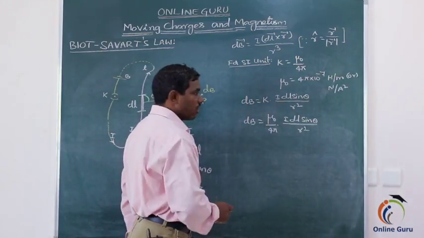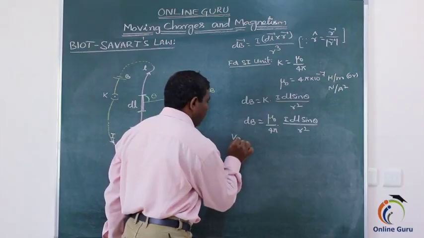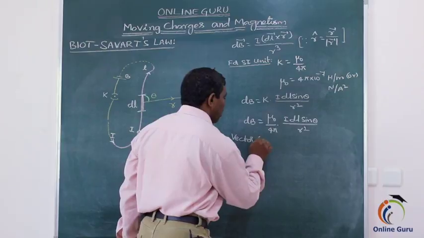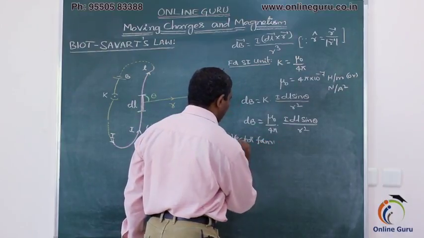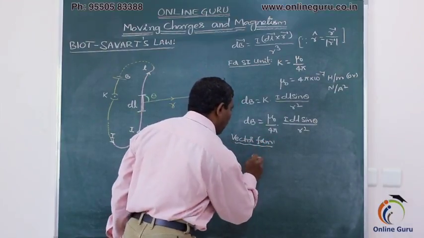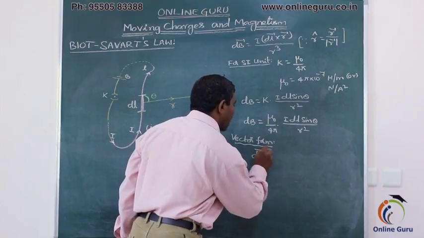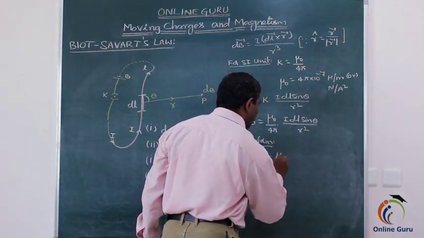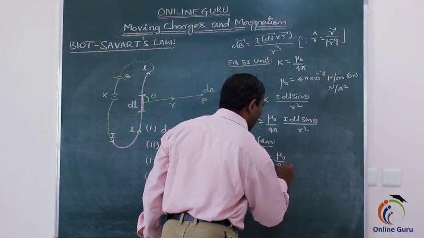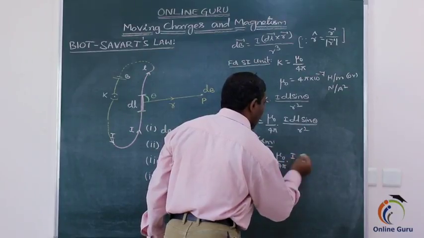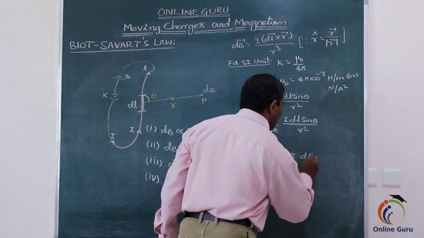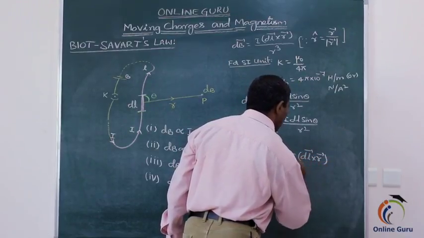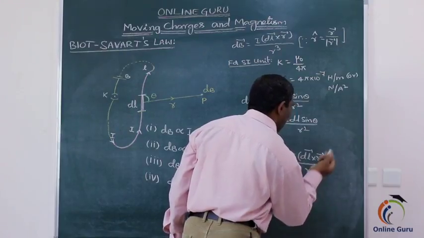This we can express in vector form. Therefore, the vector form of the magnetic induction at a point P is dB is equal to mu naught by 4 pi into I into dl bar cross r bar divided by r cube.